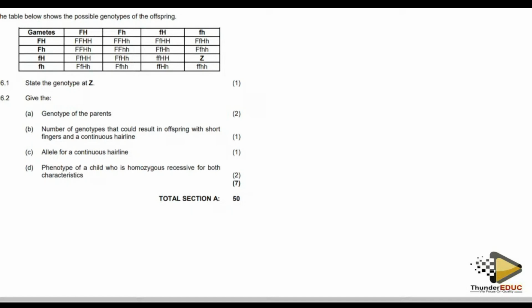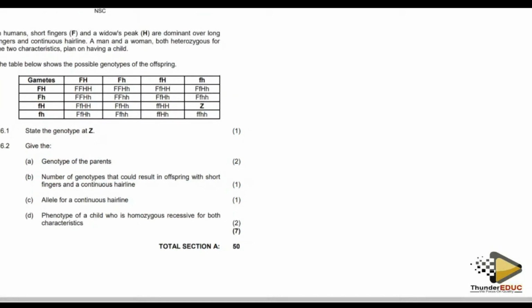Don't miss out. Okay, they're saying that state the genotype of Z. Here, the way we teach dihybrid cross is not the same way we ask questions concerning dihybrid. We don't ask you to explain everything in the dihybrid.